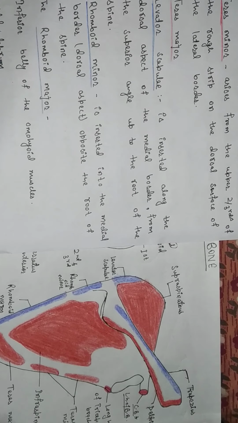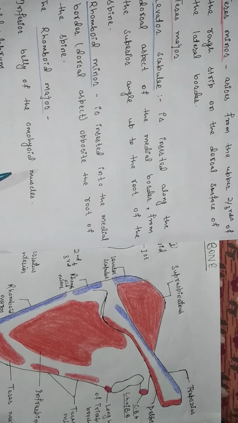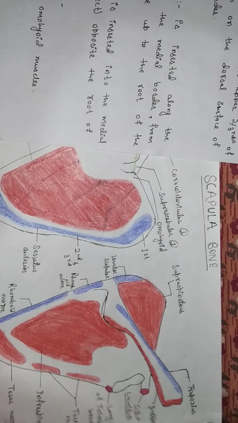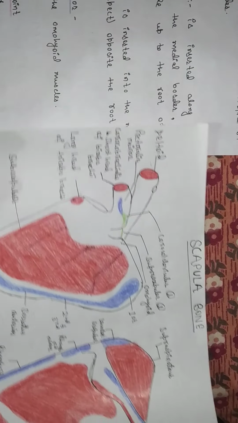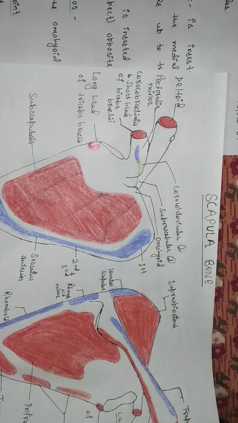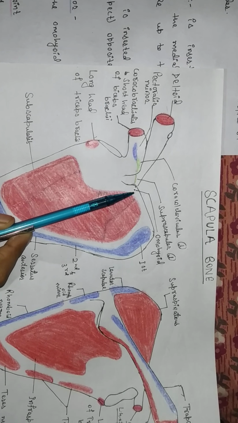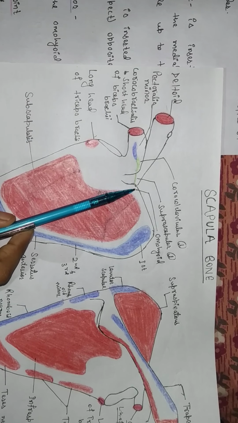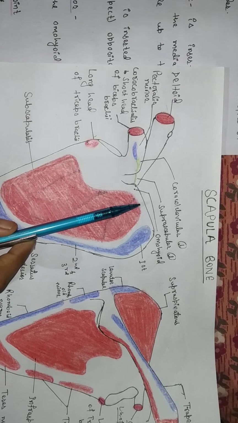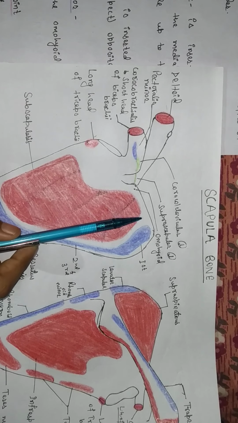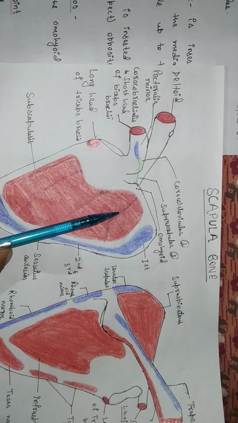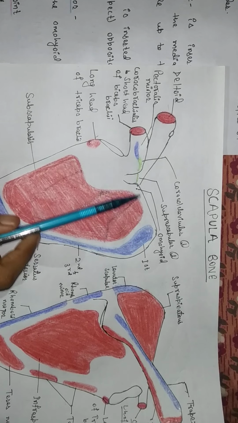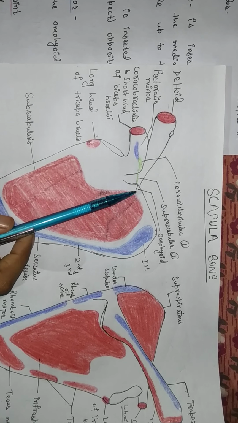After that, the inferior belly of the omohyoid muscle. So there are a total of 16 muscles. Here is the omohyoid muscle. The inferior belly of the omohyoid muscle arises from the upper border, or superior border, near the suprascapular notch.